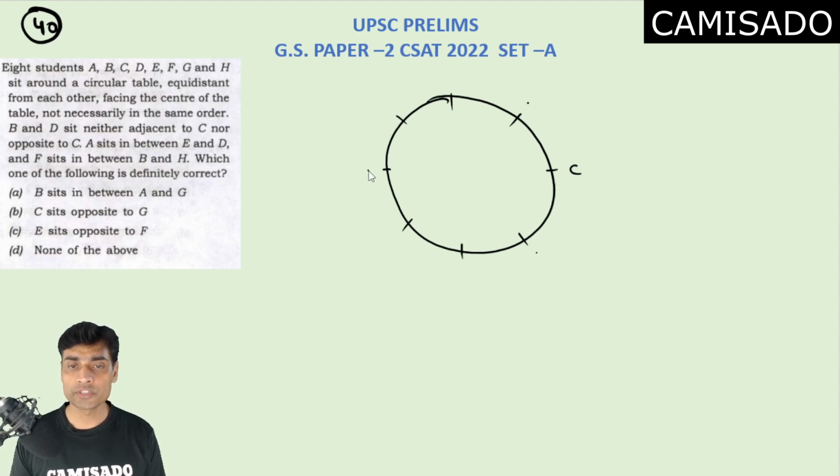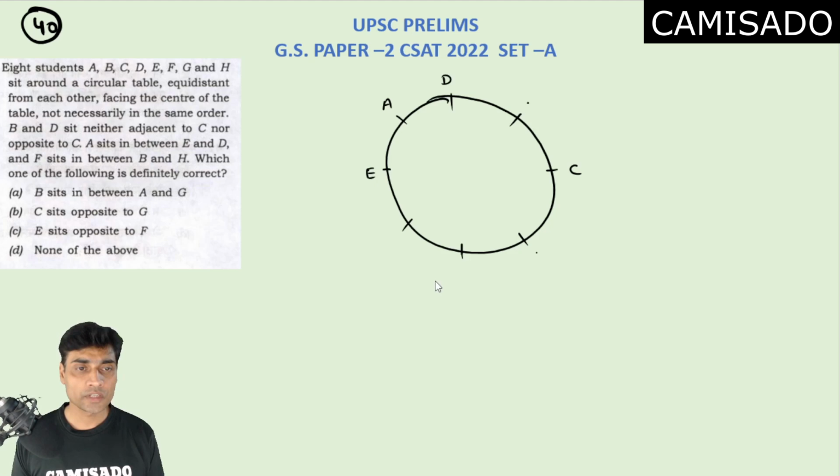So these three positions are exempted for B and D. Now A sits in between E and D. So E can be here and D can be here.